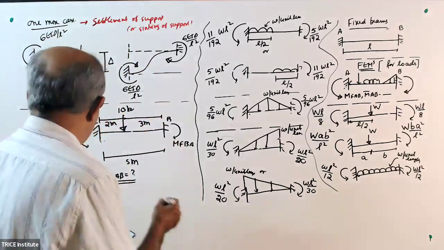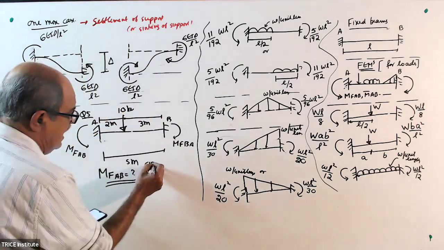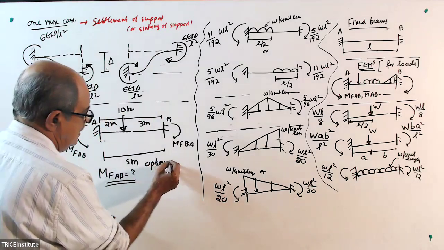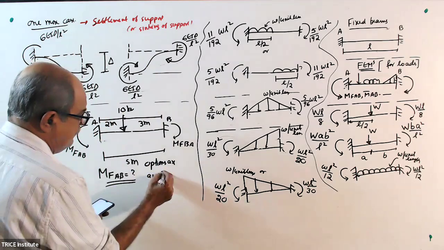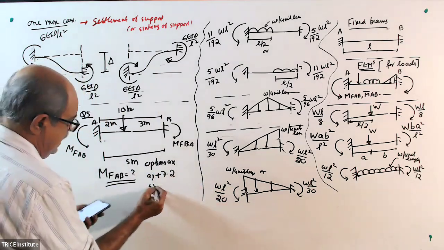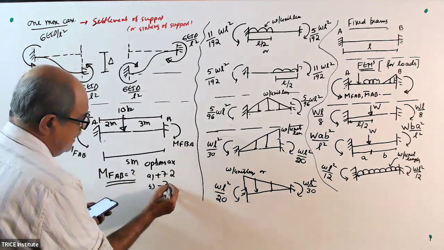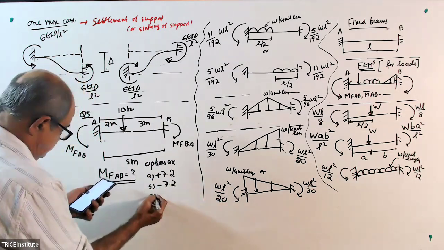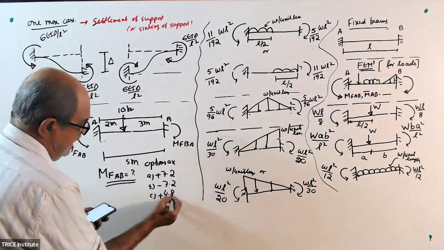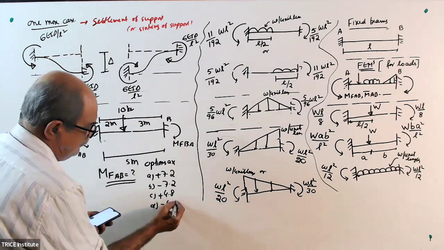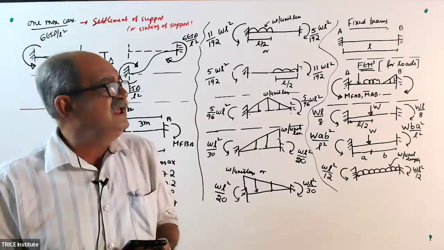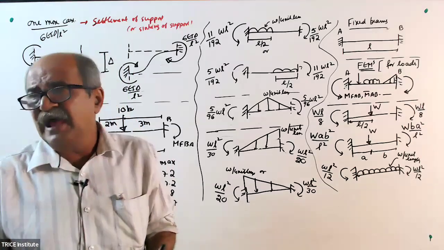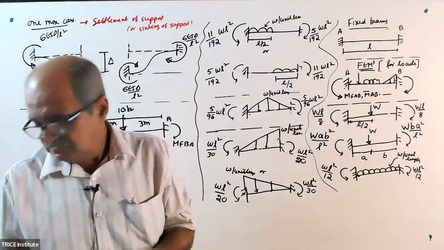The options are: A plus 7.2, B minus 7.2, C plus 4.8, D minus 4.8. Tell the answer fast. Starting question only, I will tell you what happened.